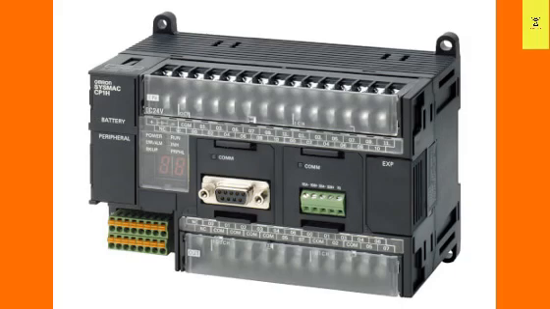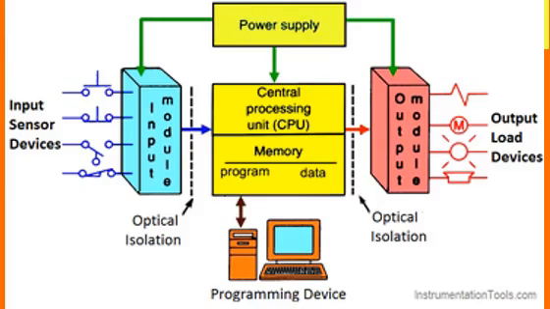By description, all components like CPU, input and output modules, and power supply are built into a single unit, which means this cannot be expanded. You use it as it is.